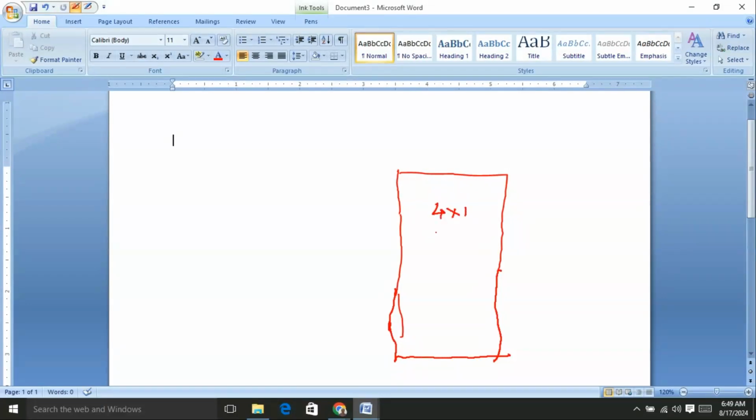We know that a 4 by 1 multiplexer is a combinational circuit. It has four inputs. This is the zero input, this is the first input, this is the second input, and this is the third input. It has two selection lines, S0 and S1.